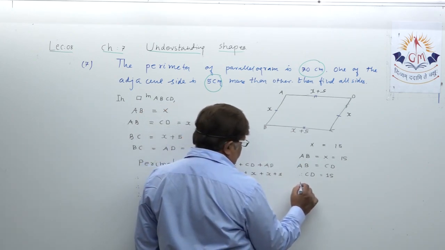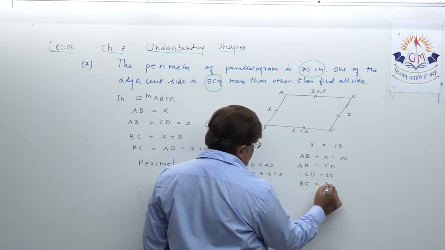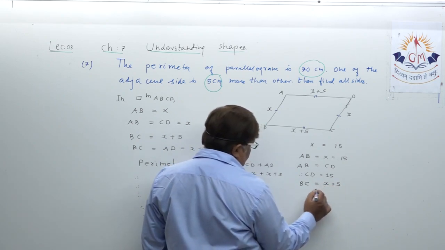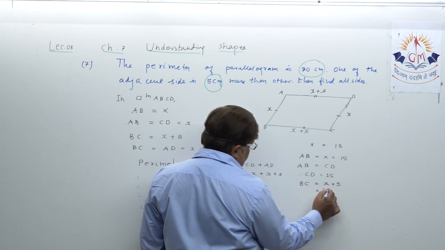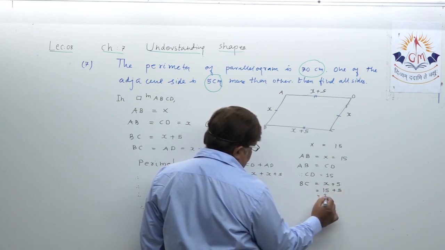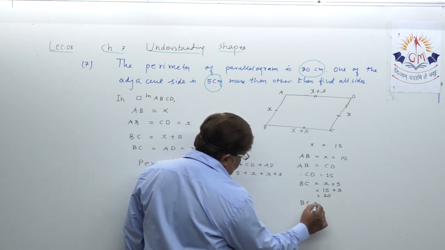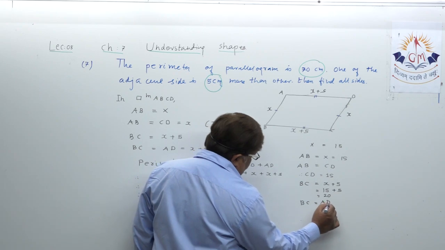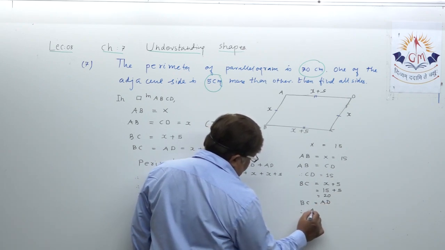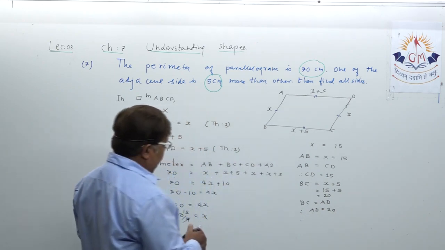Then, dear student, BC equal to x plus 5. Value of x 15 plus 5, 20. But BC equal to AD, therefore AD also equal to 20.